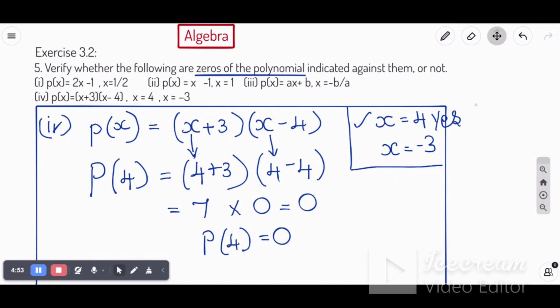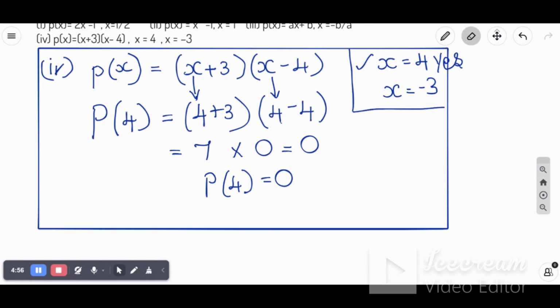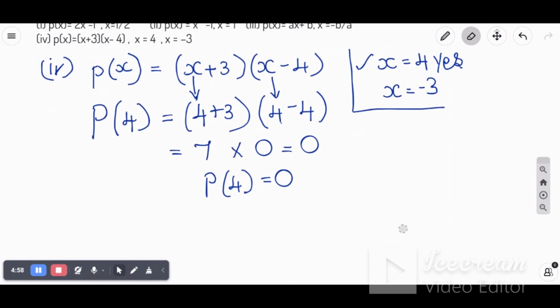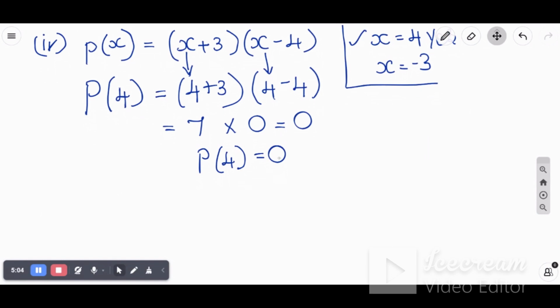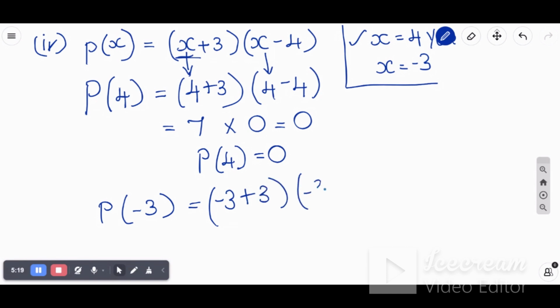The next part is we have to check for x is equal to minus 3. So let us check that. For that, you have to find p of minus 3. We have to put the x value as minus 3. So that will be minus 3 plus 3 as such, and then for x put minus 3 in minus 4.